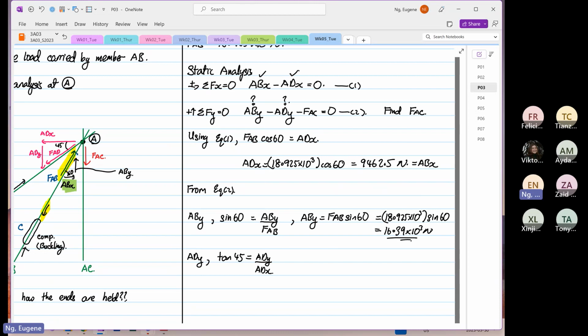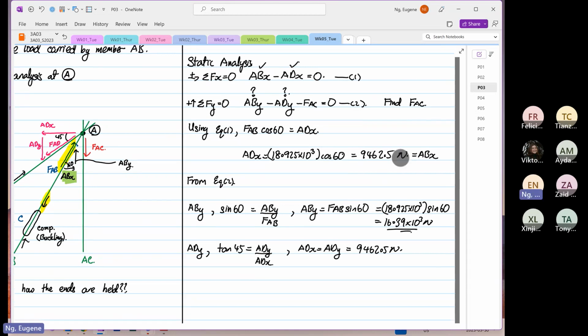So tangent 45 is equal to 1, so you know that ADX is equal to ADY. We have found what is our ADX, it's 9462.5 Newton.